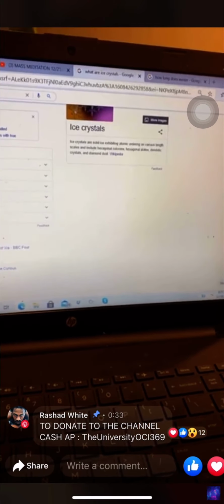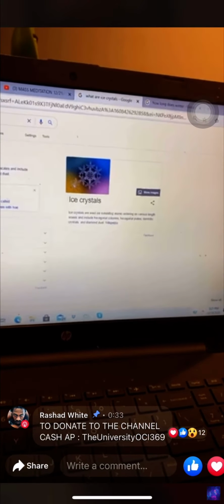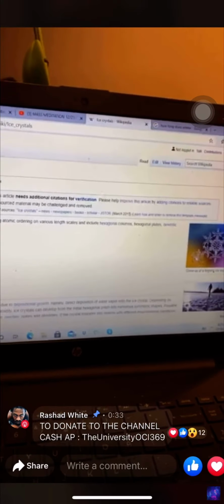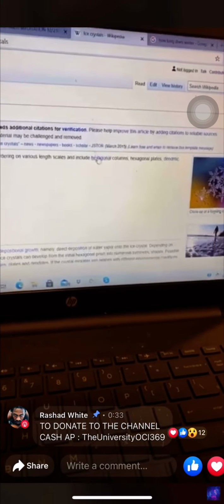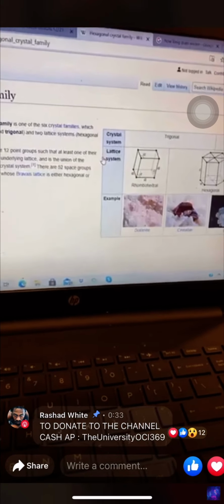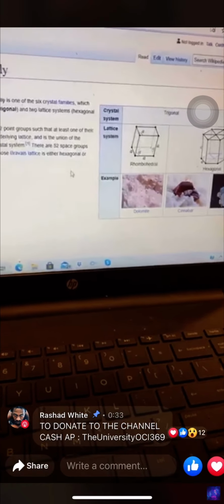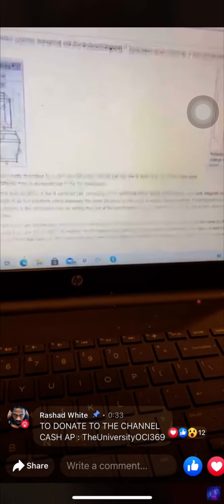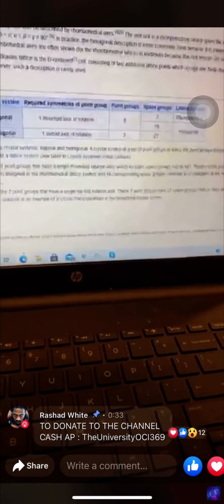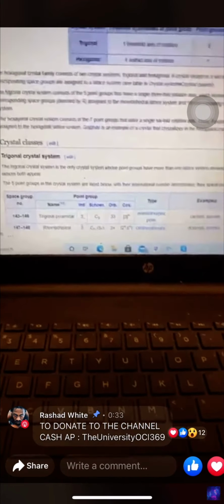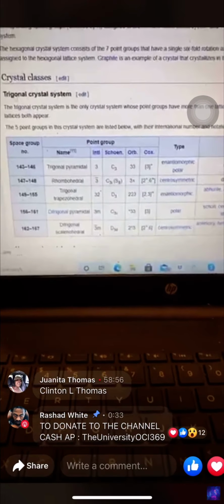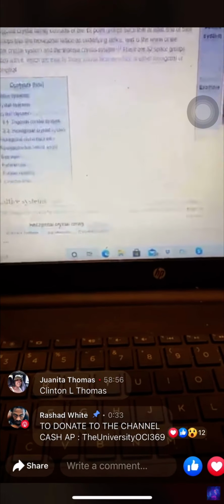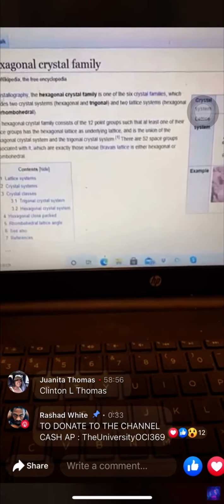Let me go back up, because I want to show y'all exactly the formation of these ice crystals. All right? You need to pay attention to the numbers in the formation of the ice crystal. It's mathematics. Actually, this is supreme mathematics that I'm showing y'all.